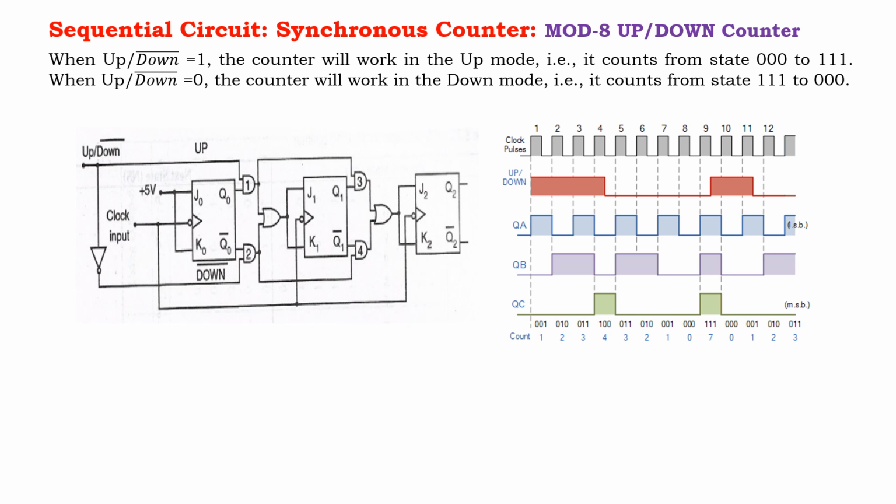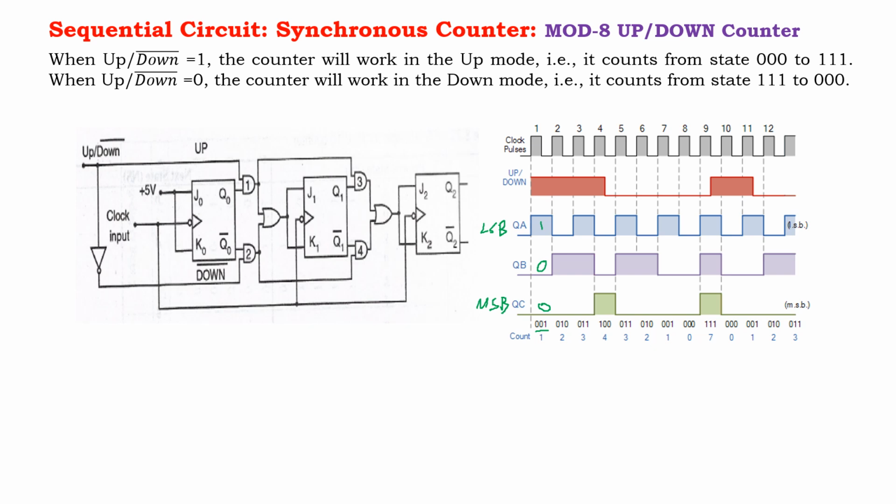Now if we put the up, M equal to 1, then we will get 0, 0, 0, then 0, 1, 0, so we will get 0, 0, 1 here. This QC will be the MSB and QA will be the LSB.